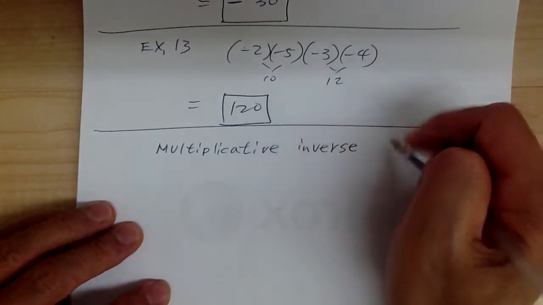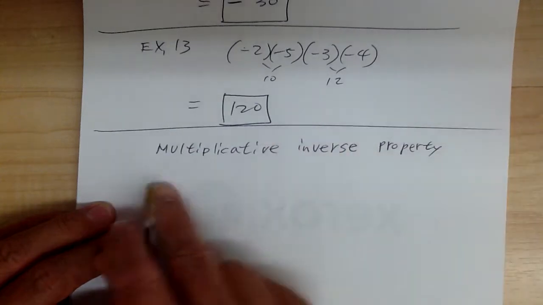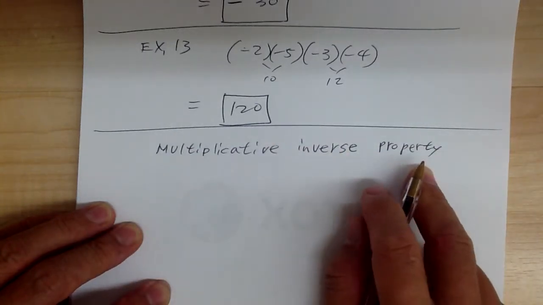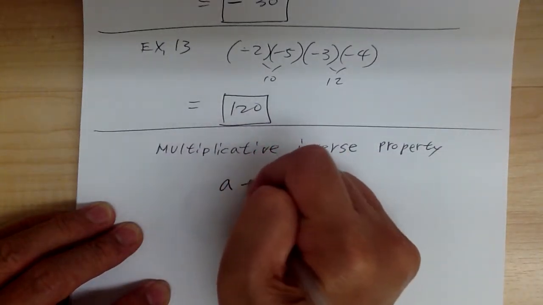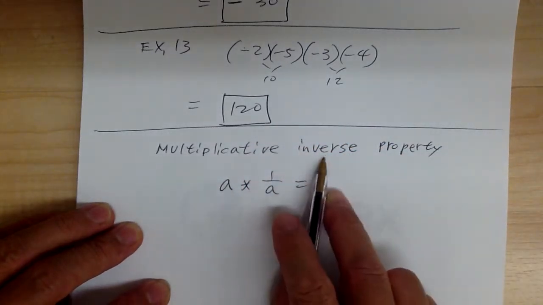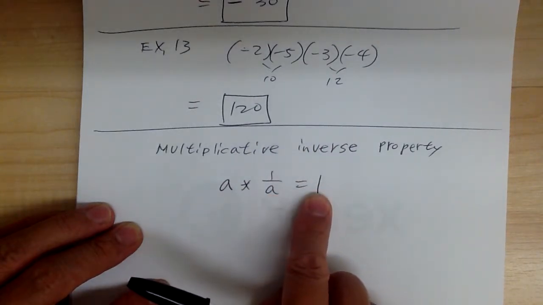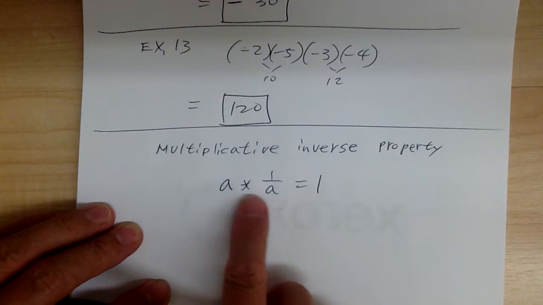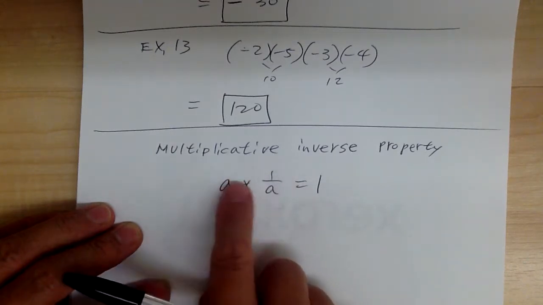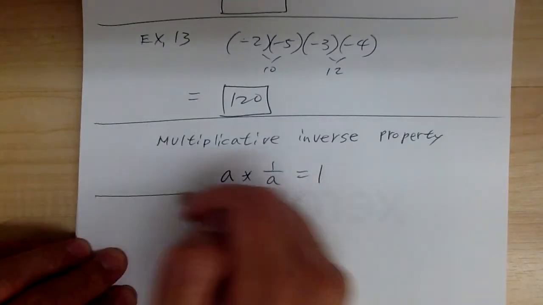The multiplicative inverse property is when you have a number, you multiply it by its reciprocal, and it will equal 1. Again, inverse means you flip it over. So when you multiply something by its flipped version, you're going to end up with 1. And these two are called reciprocals, meaning they are flipped upside down from each other.